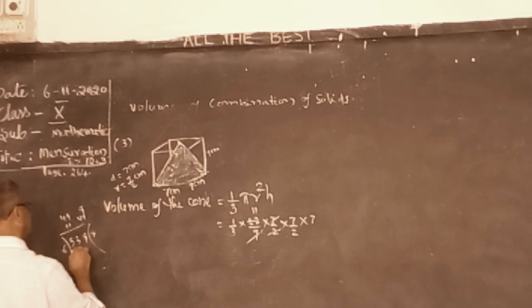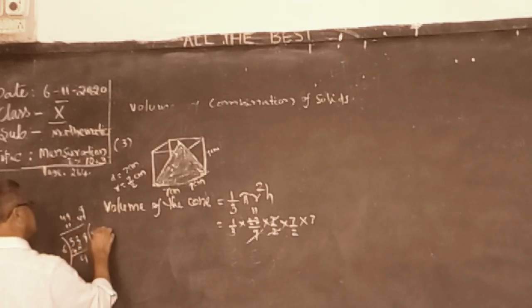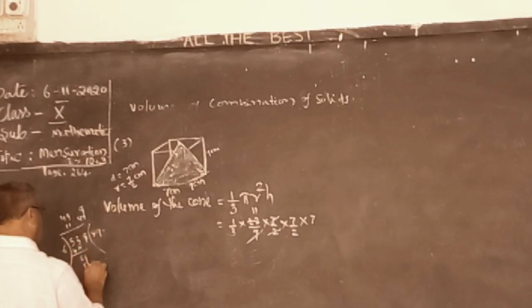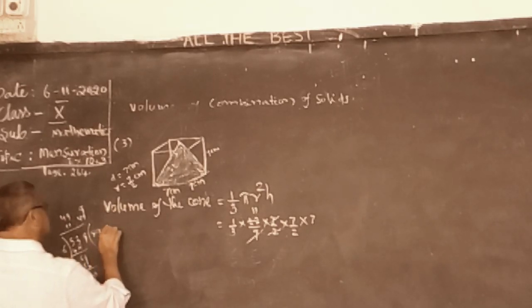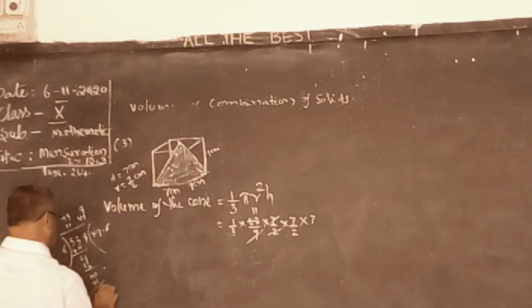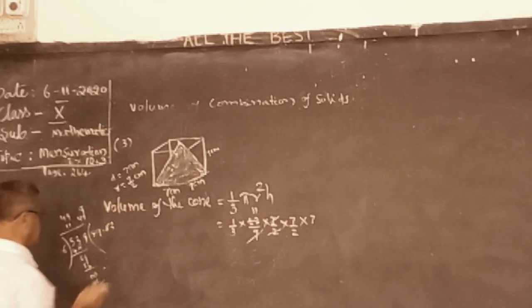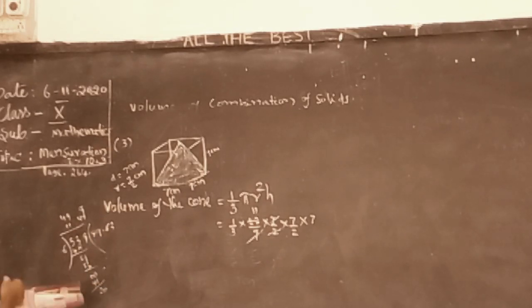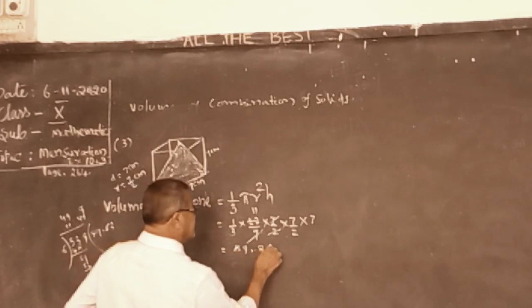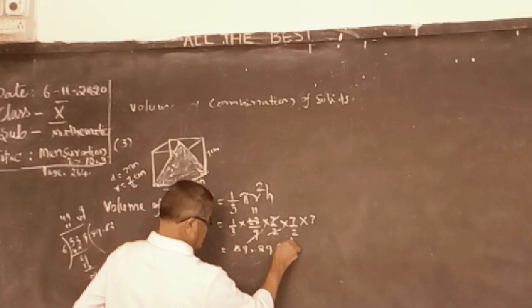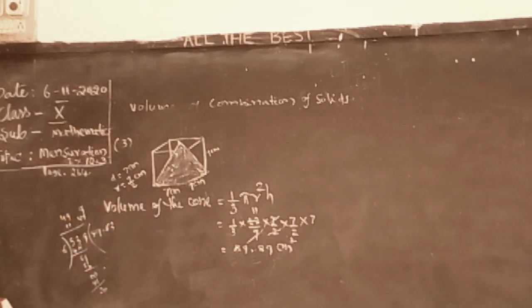This gives 89.83 cm cube. This is the volume of the cone. This is easy.